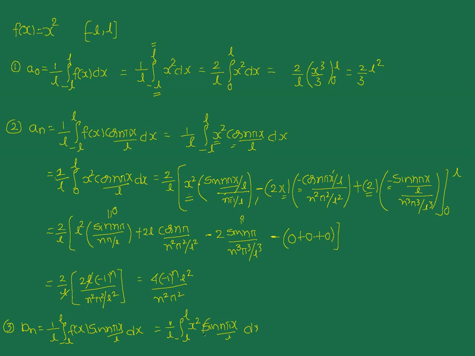So sin n pi x by L is an odd function. x square is even function. Even into odd is equal to odd. Odd between the limits minus L to L is 0. Therefore bn value you are getting 0. an is equal to this much and a naught is equal to this much. You substitute these three values in the Fourier expansion, you will get the final answer. This is about the basic problem.